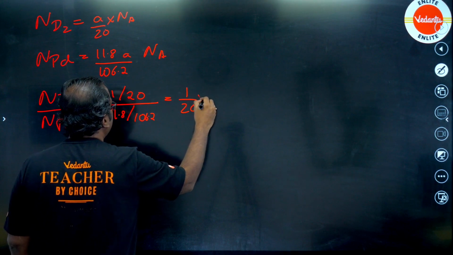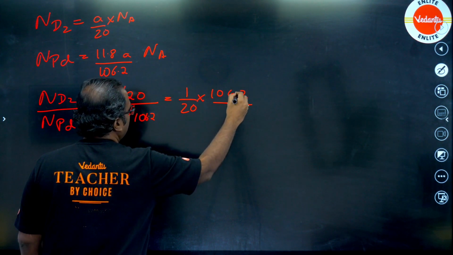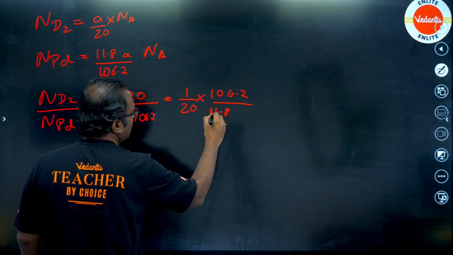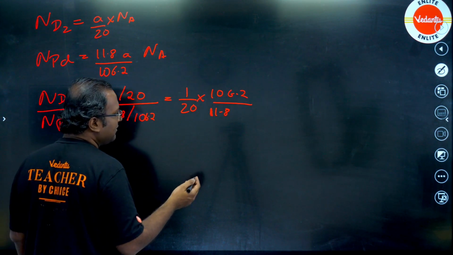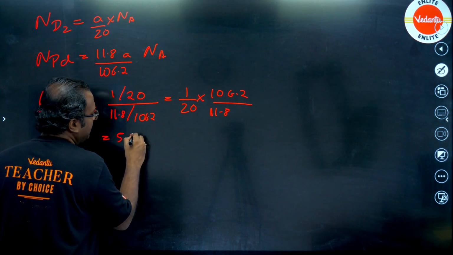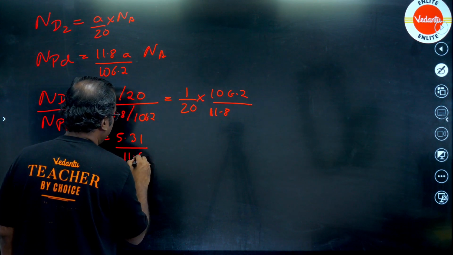So that's 1 by 20 here, 106.2 goes on the top, and you have 11.8 here. Let's see if we can resolve this conflict relatively easily. So this calculation converts to 5.31 upon 11.8.